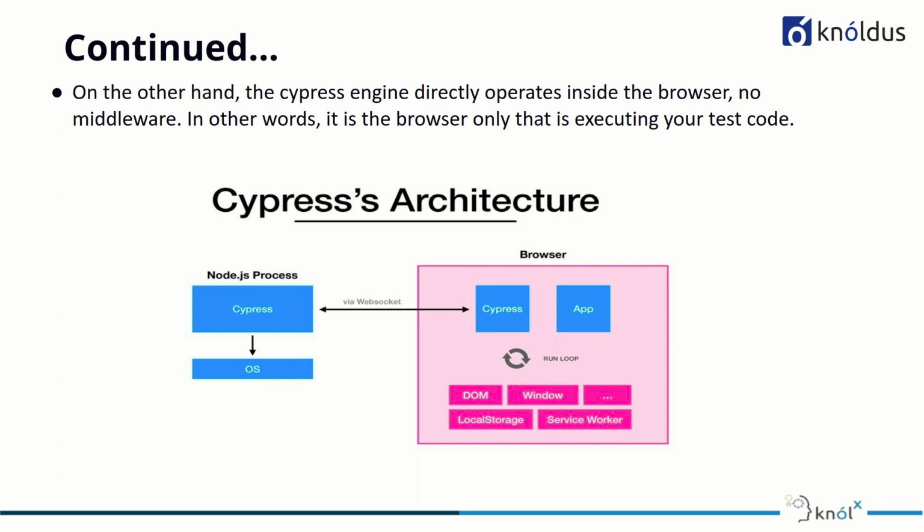And since the browser is executing your test code, it enables Cypress to listen and modify the browser's behavior at runtime by manipulating its DOM and HTML properties. It is something that you don't get in any other test automation tool. It is quite exclusive to Cypress only.